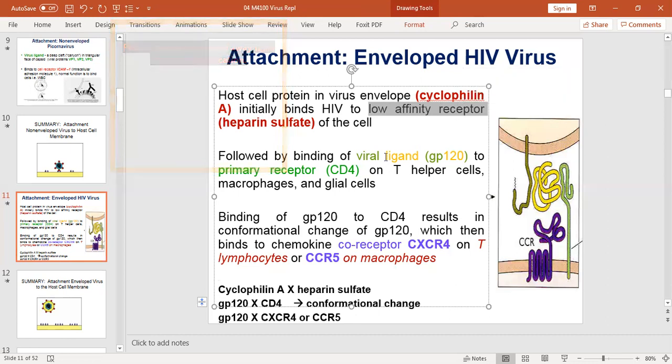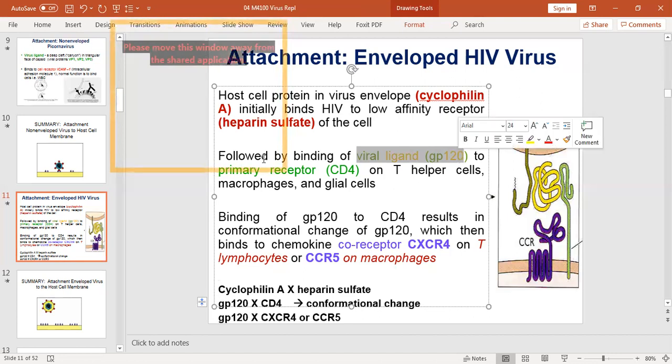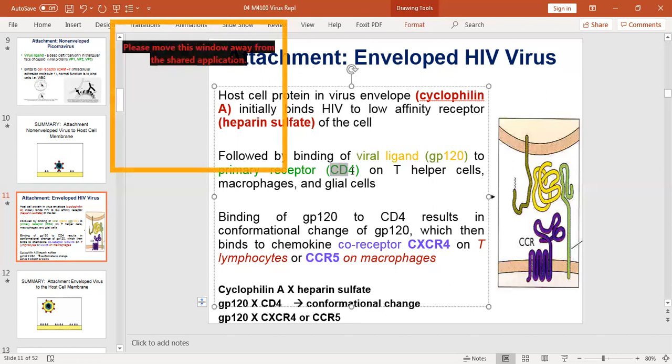Following this binding, a viral ligand called GP120 binds to host cell receptor called CD4 on the surface of helper T cells, macrophages, and glial cells. Remember, heparin sulfate is a low affinity receptor, CD4 is a primary receptor.